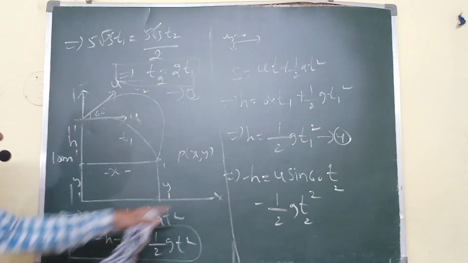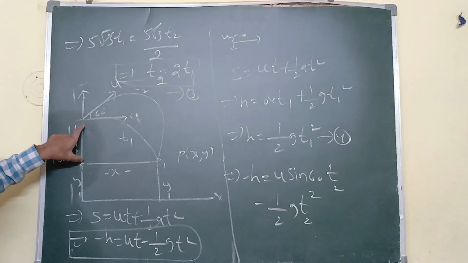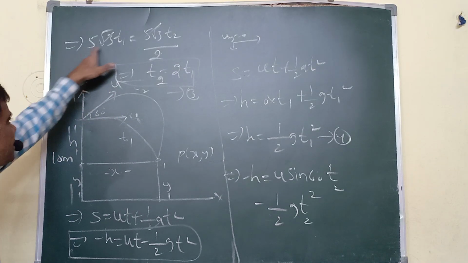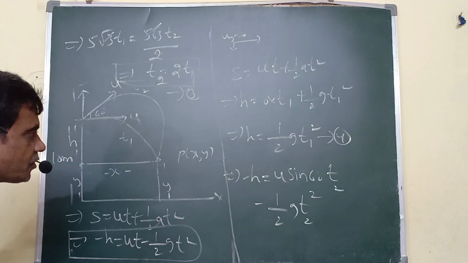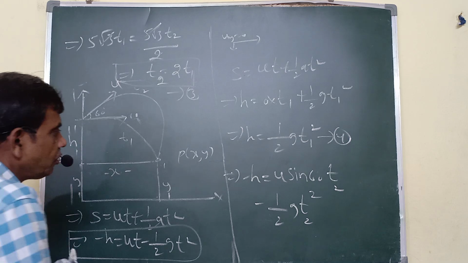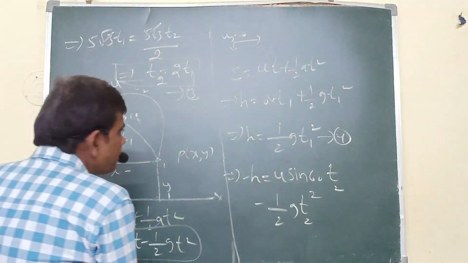So in this apply, from that I am getting this. Here what is the u? U means u sin 60. That is u. That's all. Ut minus half g t square. Apply in this formula. Now what am I writing here finally?